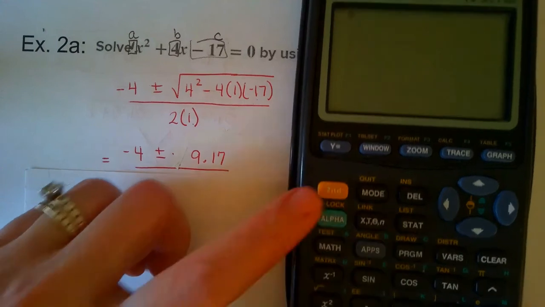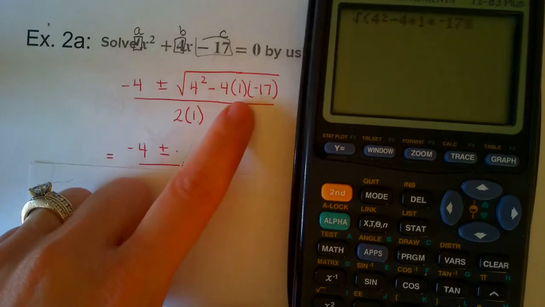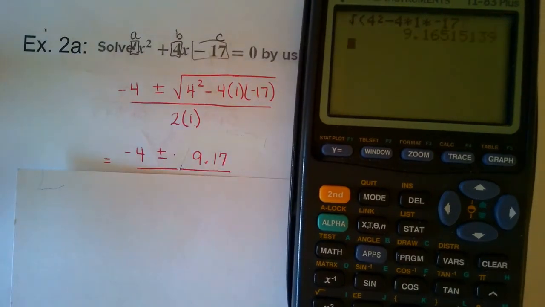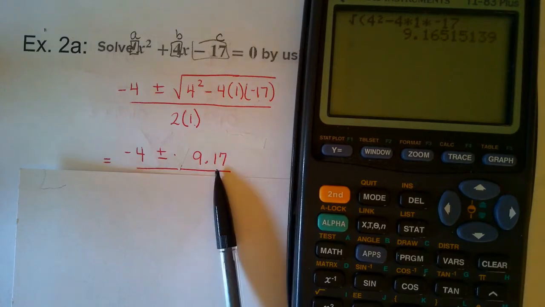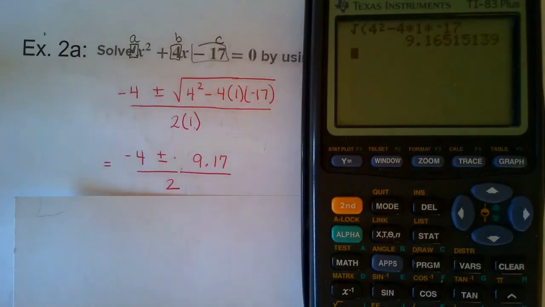So you would type square root, so second x squared, 4 squared minus 4 times 1 times negative 17. Now, I wrote it with parentheses here, but that really is just multiplying, so you can just keep it as multiplication and then hit enter. And then I rounded to the nearest hundredth, okay? And then I simplified the bottom, which is 2.